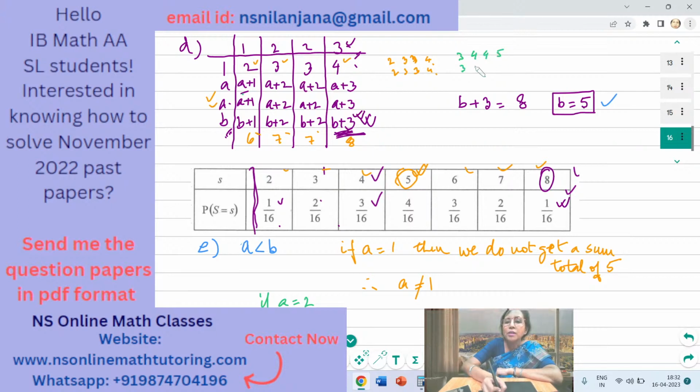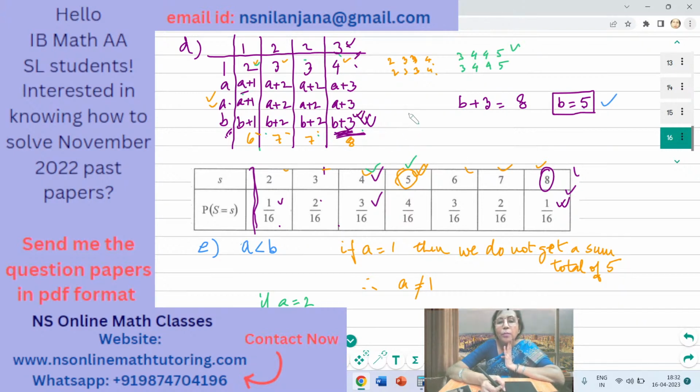The next row will be the same. So what all values are we getting? 4, 5, 6, 8. Here we have got all of them: 2, 3, 4, 5, 6, 7, and 8.